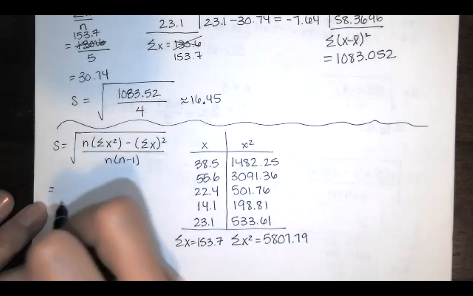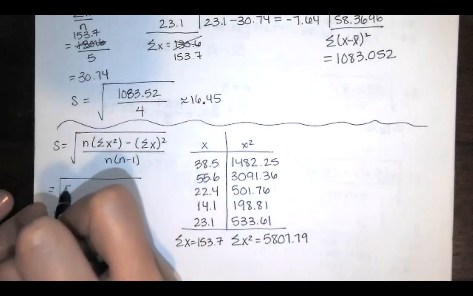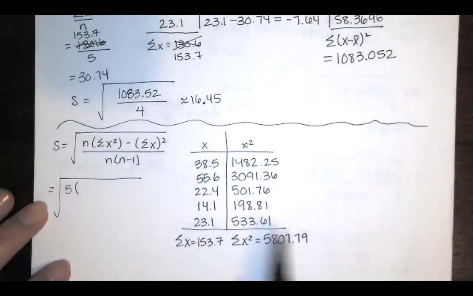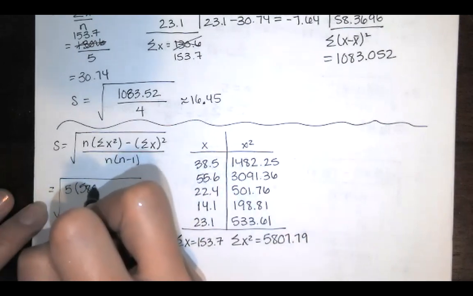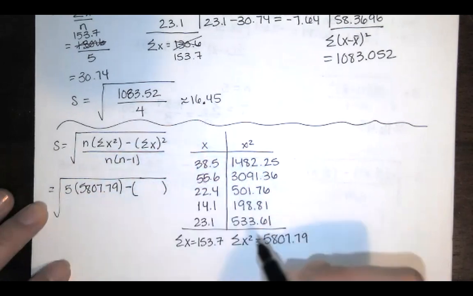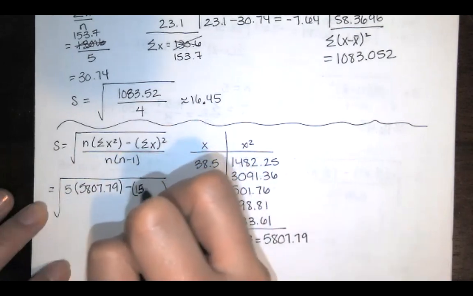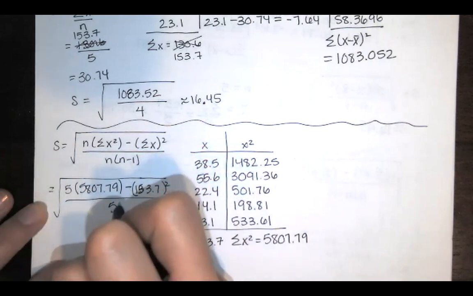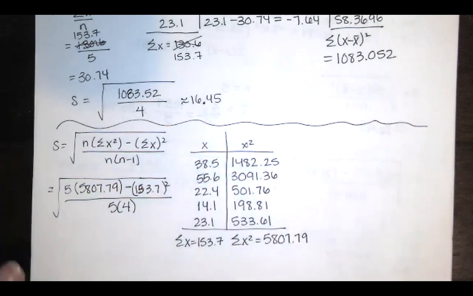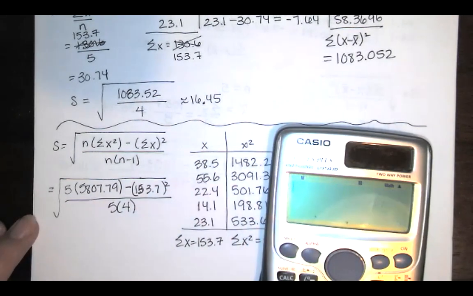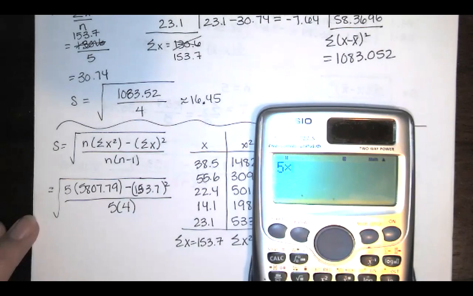And then we substitute into our formula. Sample size is 5. You multiply by the sum of the x's squared, so that's this number. And then you subtract the sum of the x's, that's 153.7 squared, and you divide by the sample size times 1 less than the sample size.